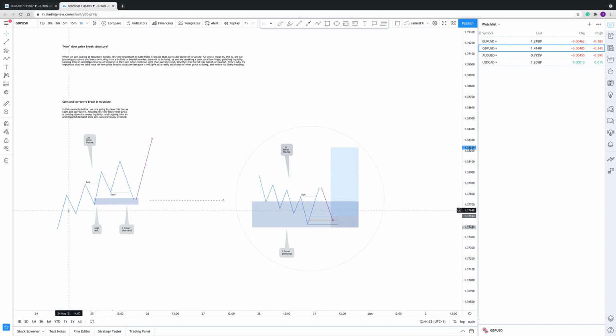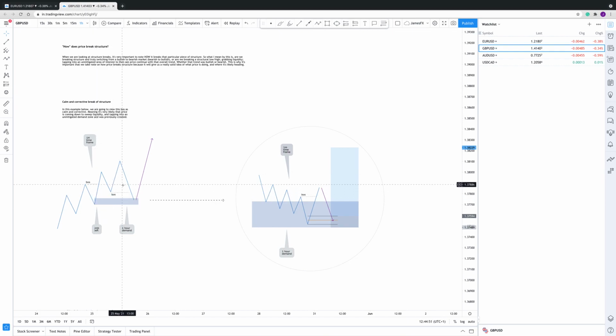Because once we were making these higher highs and higher lows, we're breaking structure to the upside, which is creating demand levels and order blocks. We may see an imbalance left behind as well, untested or unmitigated.